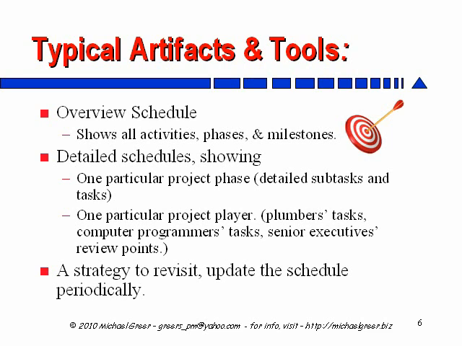Then you might want one or more detailed schedules, such as one showing the next upcoming project phase in high-resolution detail, or the plumber's tasks, one particular project player's tasks, like the computer programmers, or maybe senior executives' review points. And finally, you want to come up with some sort of a strategy to revisit and update the schedule periodically to make sure you're maintaining it to accurately reflect what's going on in the project.